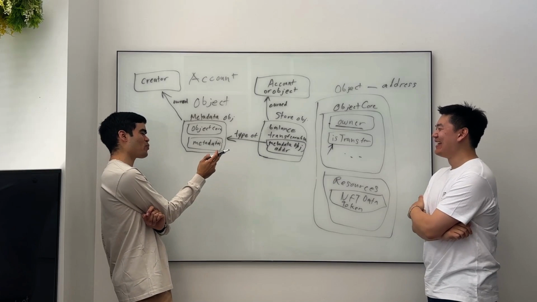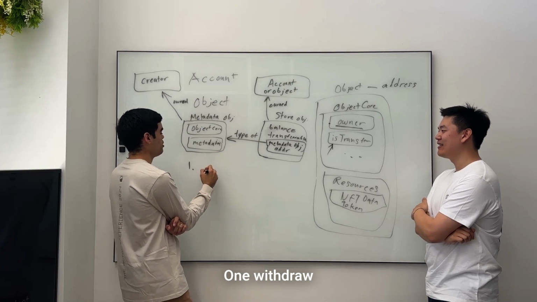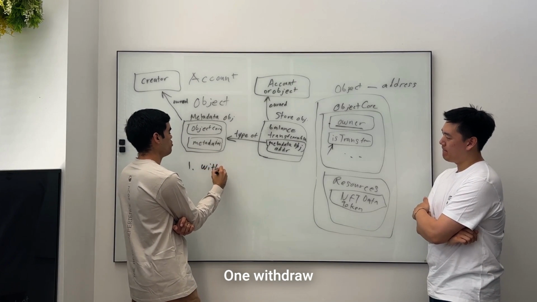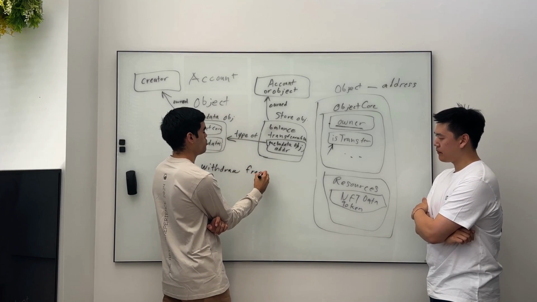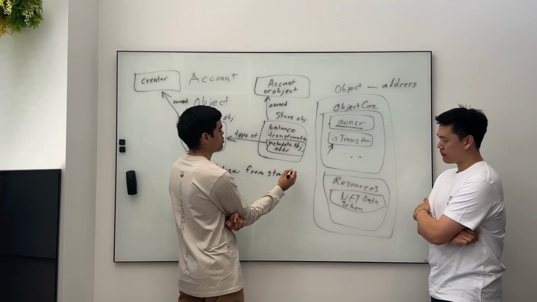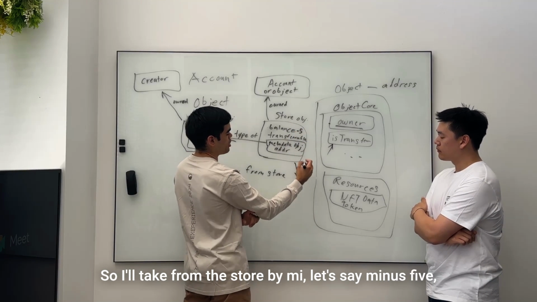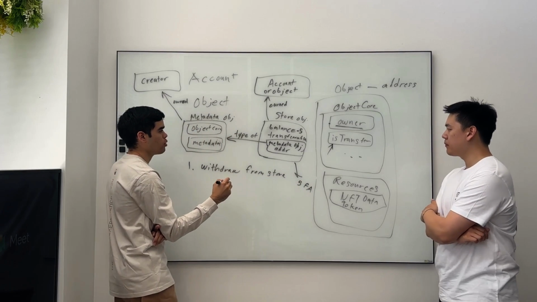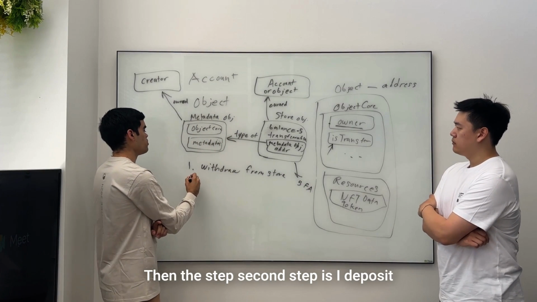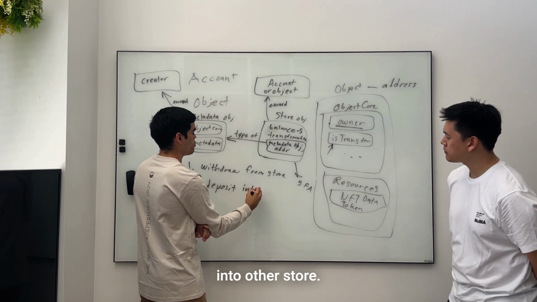Okay. So what happens is there's several steps. One, withdraw from store. I'll take from the store by, let's say, -5, and then I have a 5 fungible asset here. Okay. Then the second step is I deposit into the other store.